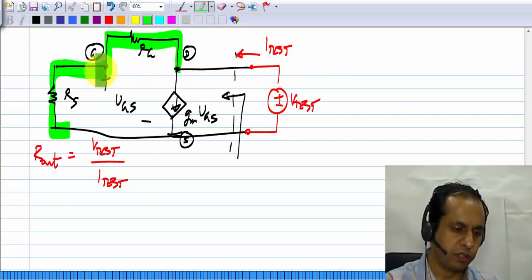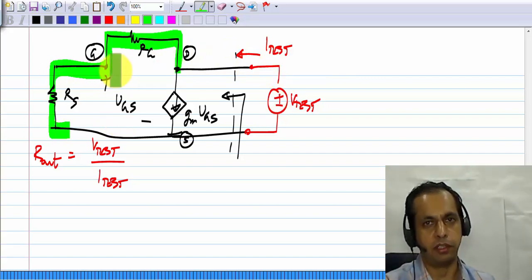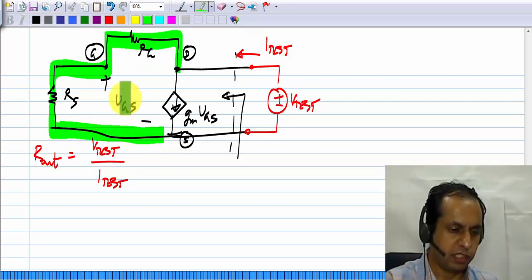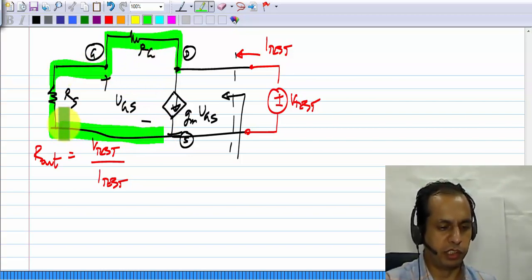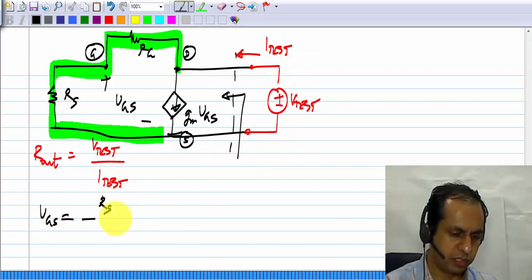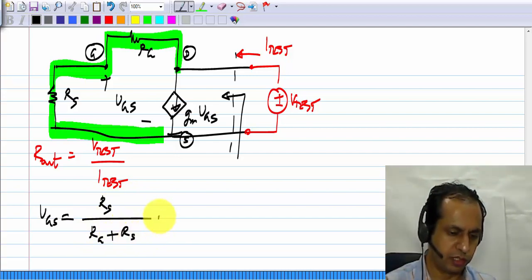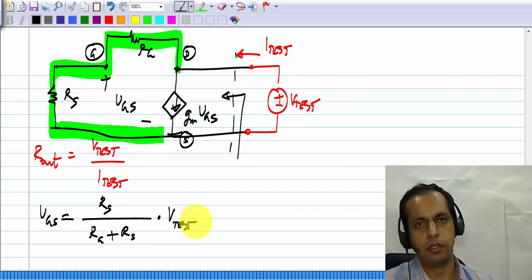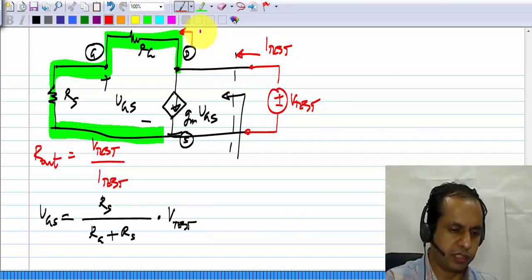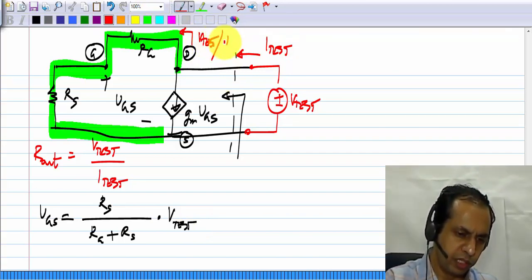This V test is applied across this resistive divider and no current is flowing from the gate terminal, right? So this VGS here is nothing but a resistive divider ratio times V test. VGS is RS divided by RG plus RS times V test. And the current that is flowing up in this branch is nothing but V test by RG plus RS.